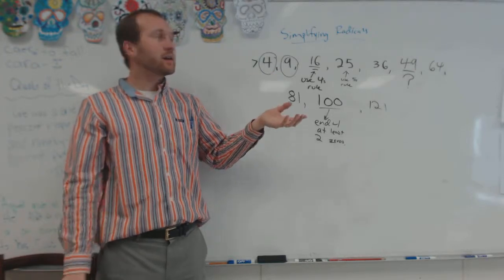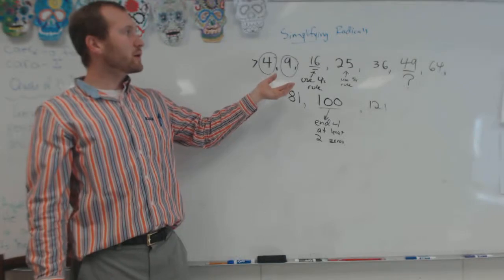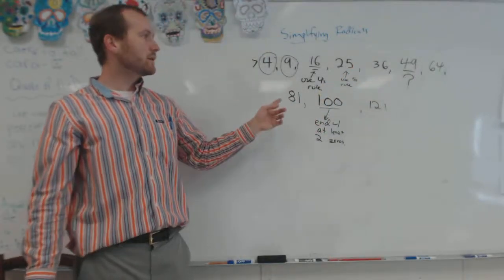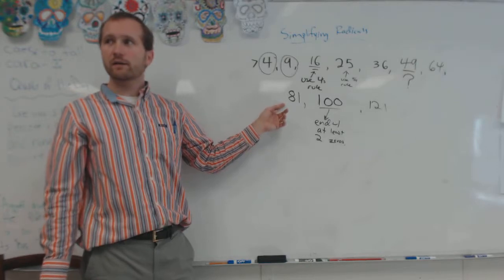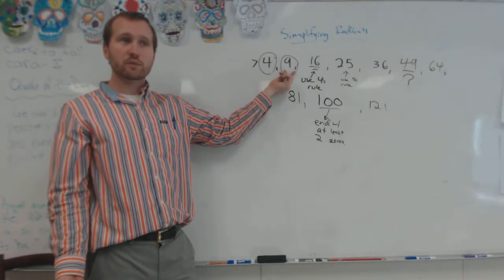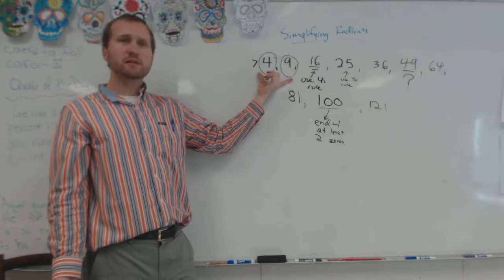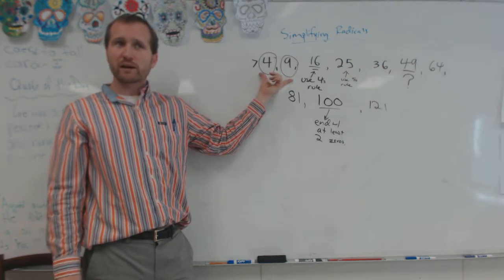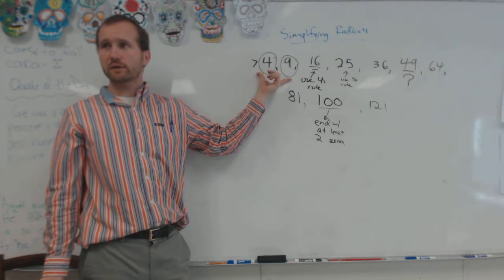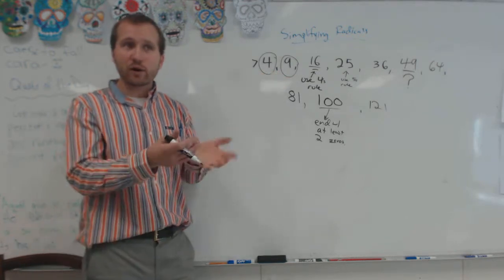And then everything that's a multiple of 3, so 9, 36, 81, their digits are going to add up to 9. So just between these 2 rules, you can break down a lot of bigger square roots just by looking for those things.